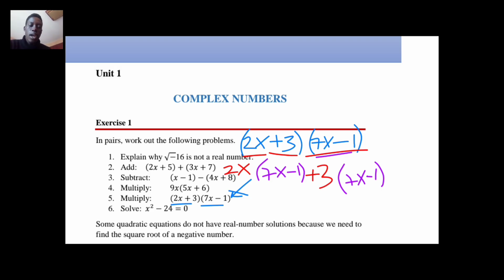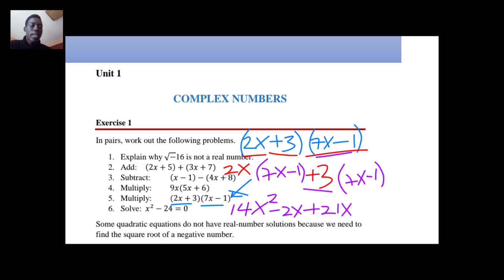So here you will have 2x times 7x. 2 times 7 is 14. x times x will give you x squared. 2x times negative 1 is going to give you negative 2x. 3 times 7x, so you have positive 21x.